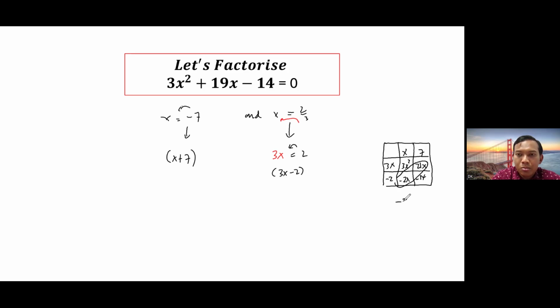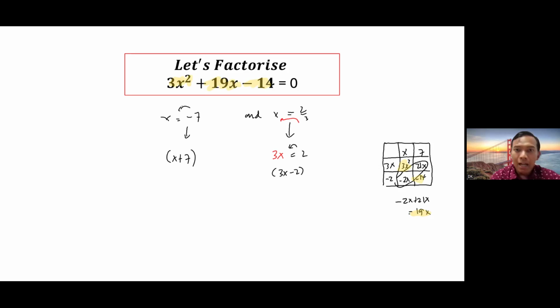Minus 2x plus 21x gives 19x. So again, let's check. We get the intended original expression: 3x squared, yes, we have 3x squared. We have a 19x here, and minus 14, we also have minus 14. So yes, that multiplication frame is correct.